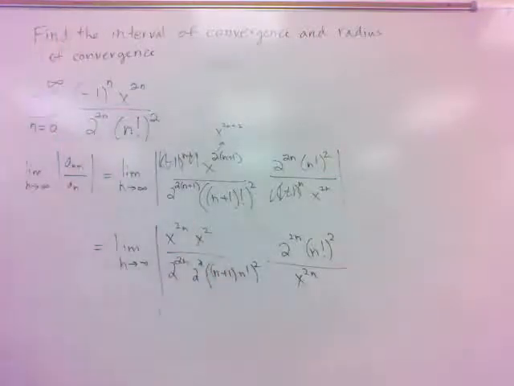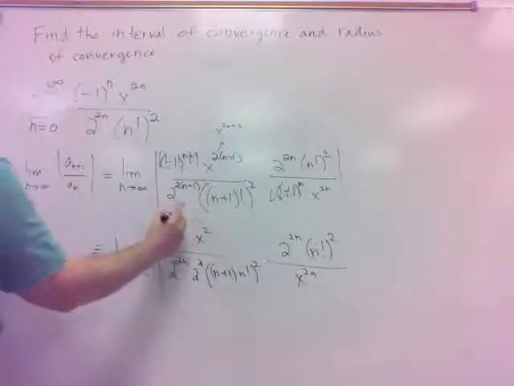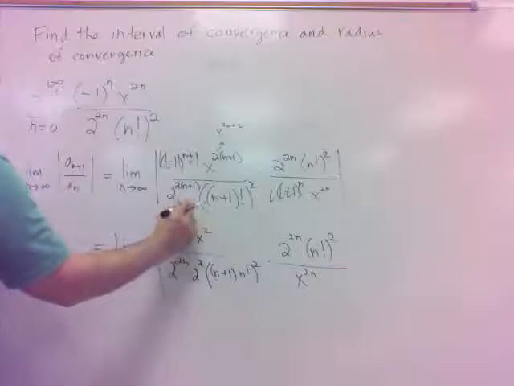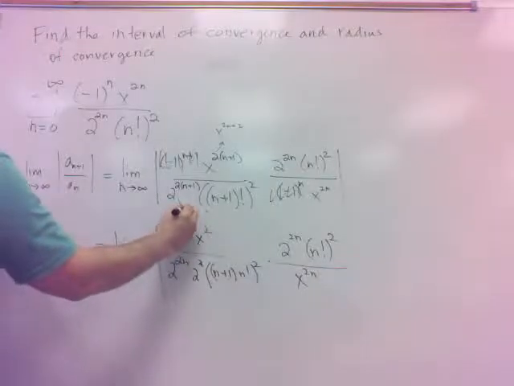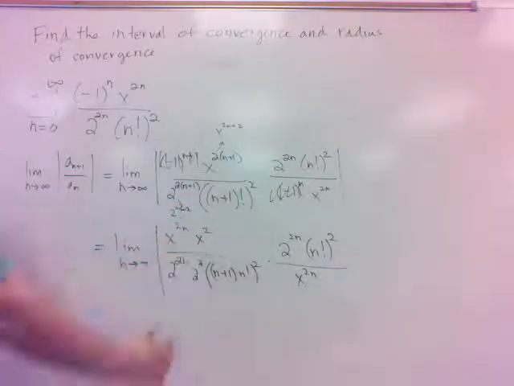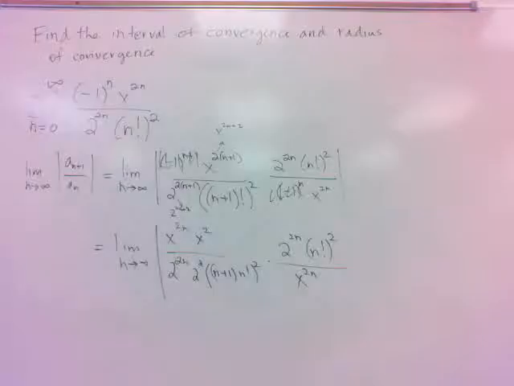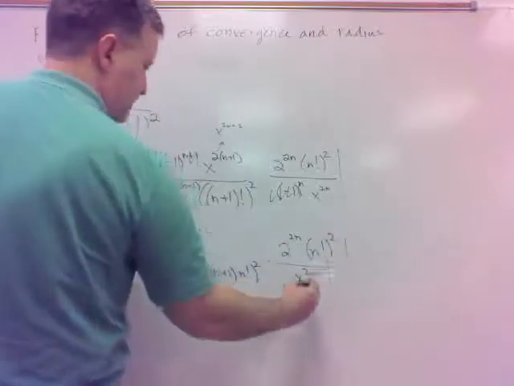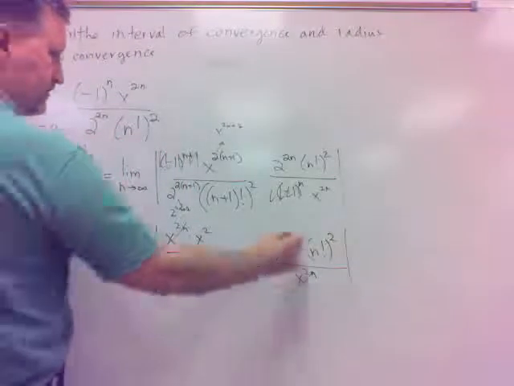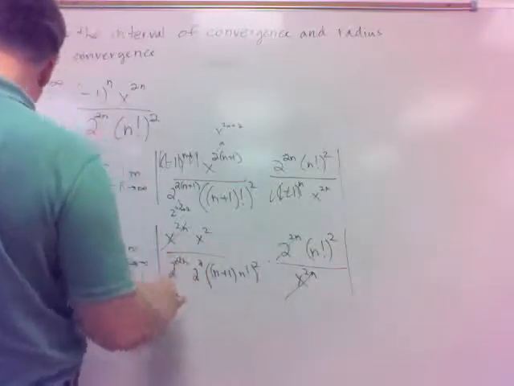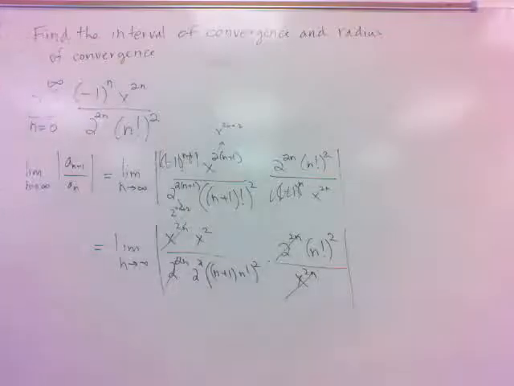All right, so this will be 2 to the 2n plus 2. So that'll be 2 to the 2n times 2 to the 2. Yeah, we've got some canceling going to happen here. The x to the 2n's cancel. The 2 to the 2n's cancel. What else?